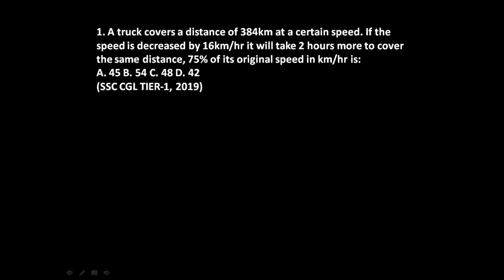How will you solve it through option testing? Look at this carefully. What do we know? Speed is equal to distance upon time, right? So what can we say? That time is equal to distance upon speed, right?